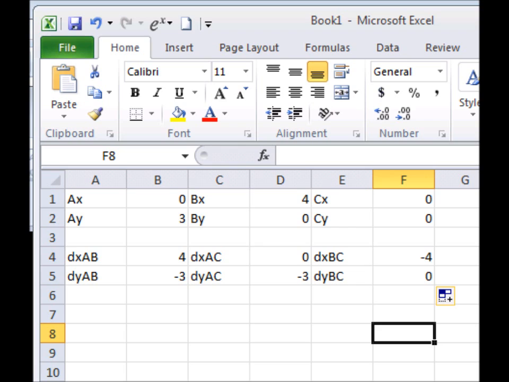And then you do similar formulas for dxAC, dyAC, dxBC, and dyBC. And now you know the changes in x and y between all 3 points.